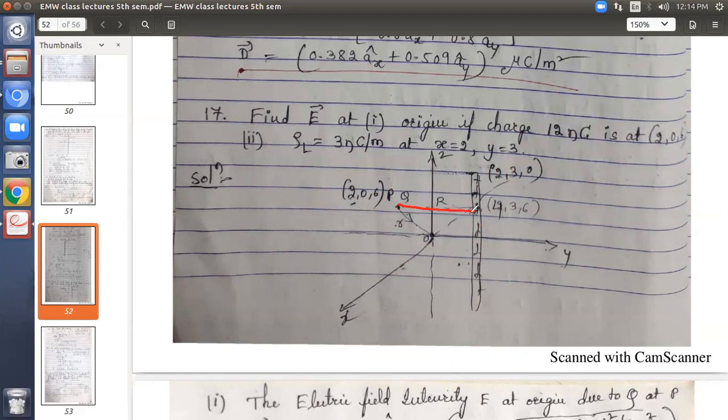If you want to draw a perpendicular, what is this point? If you observe, 2 and 3 will be the same initially. What is the z direction? In the given position z is not there, but the point is parallel to this line, right? So that is 6.